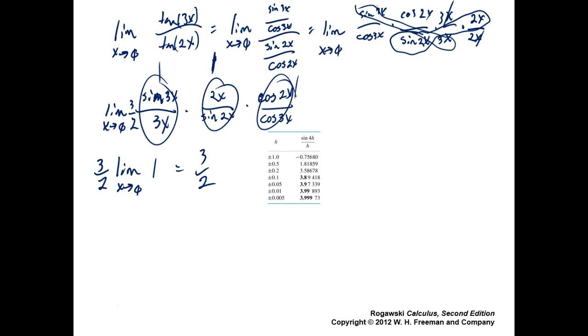Do any of the odds 7 through 15. Do any of the odds 17 to 25. Do 27. Only one like that. I don't think I assigned one like that before, so do 27.